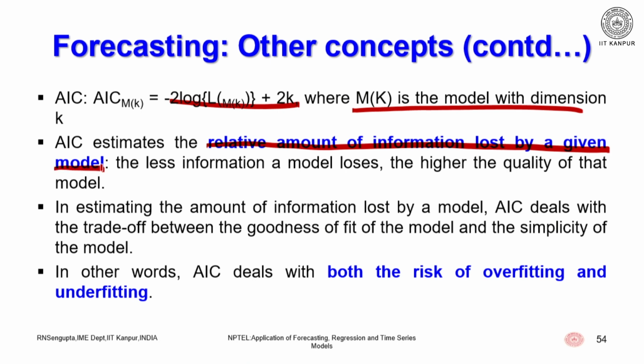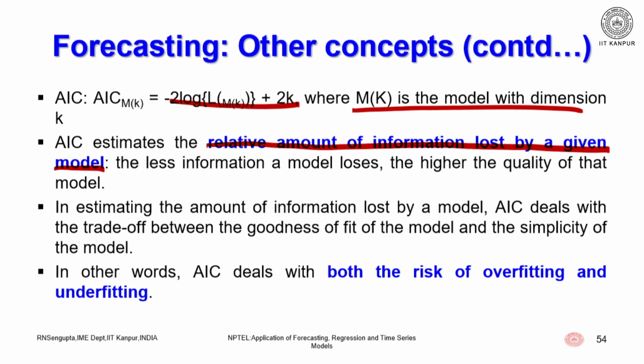If any model is not able to give the prediction, the forecasting, to 100% efficiency, there would be a loss. The AIC model basically tries to tell us in which model the loss is minimum, because a minimum loss means the amount of data not being utilized for the forecasting model is the least.